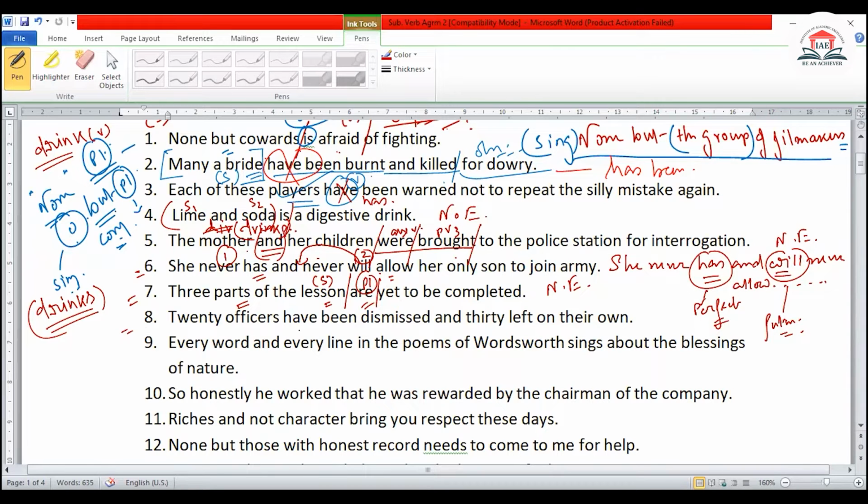Next, number 8. Twenty officers have been dismissed and thirty left on their own. It is pretty tough. I doubt whether you can answer. Twenty officers have been dismissed, meaning they have been discarded, fired from the work, and thirty left on their own.